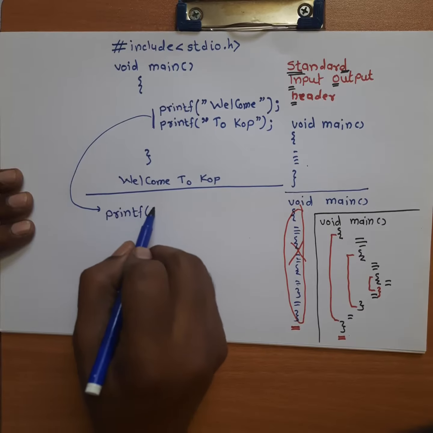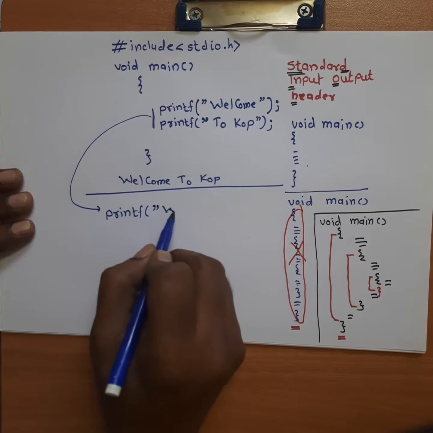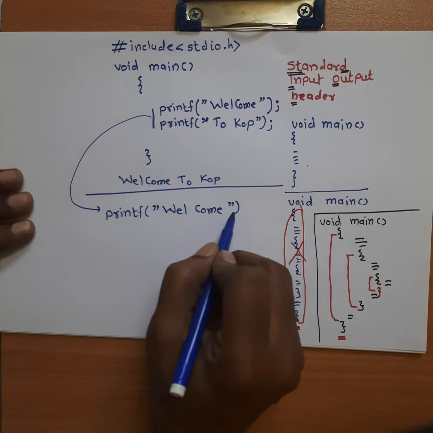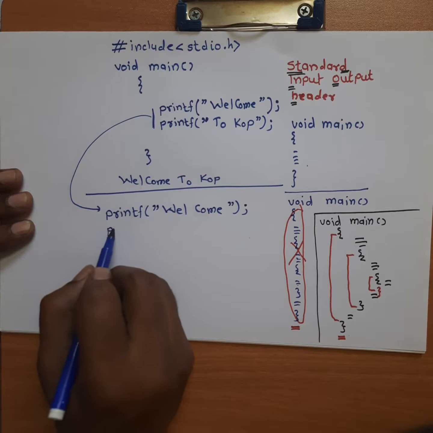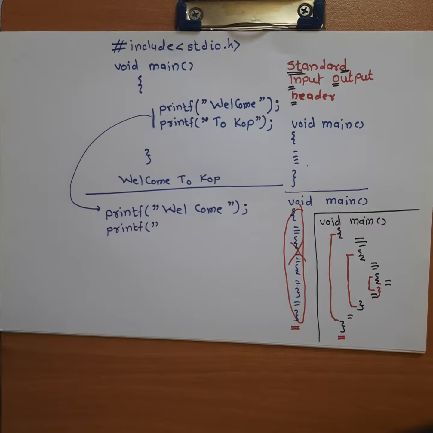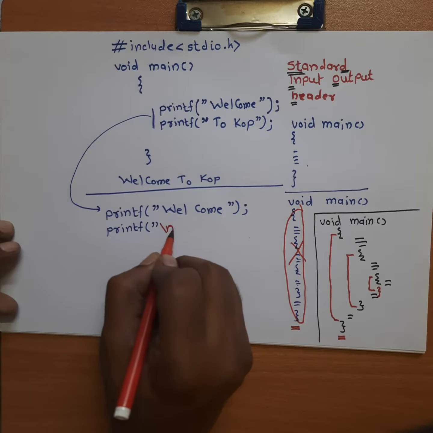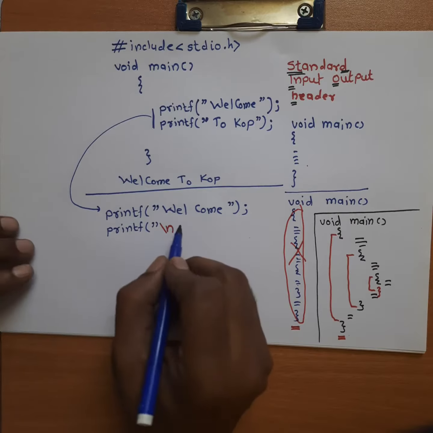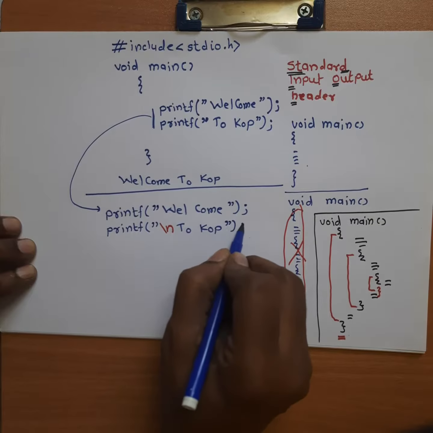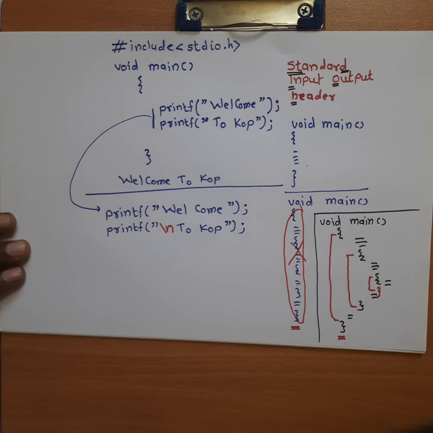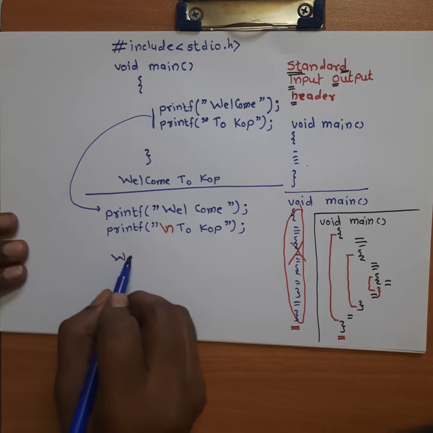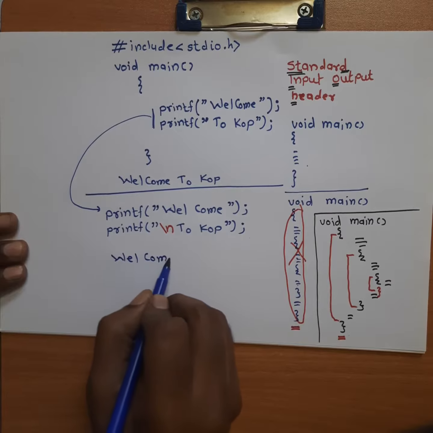Printf welcome, and then in the second statement I will add here backslash n, small n, to KOP, semicolon. Now these are two statements. The first statement indicates print welcome on a screen, so it will print welcome on a screen.